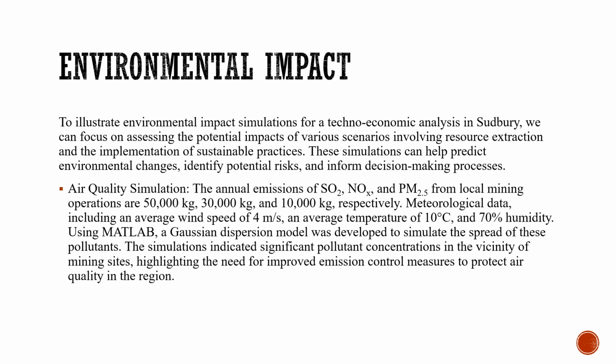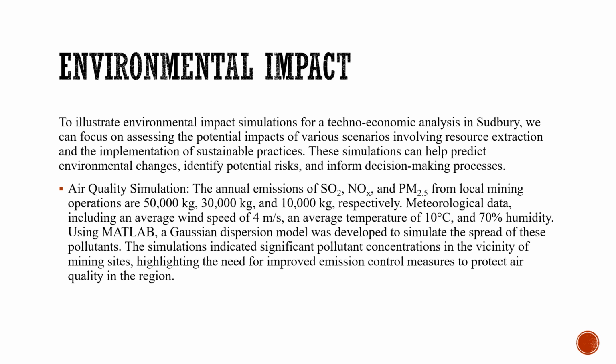Annual emissions of sulfur dioxide, NOx, and particulate matter PM 2.5 from local mining operations are 50,000 kilograms, 30,000 kilograms, and 10,000 kilograms per year, respectively. And all these values are assumed for this simulation in particular.